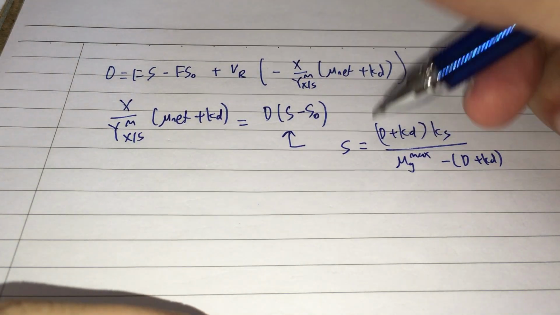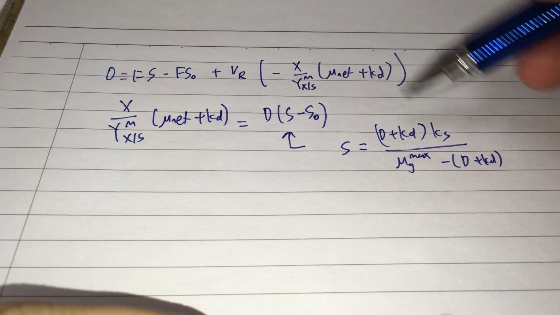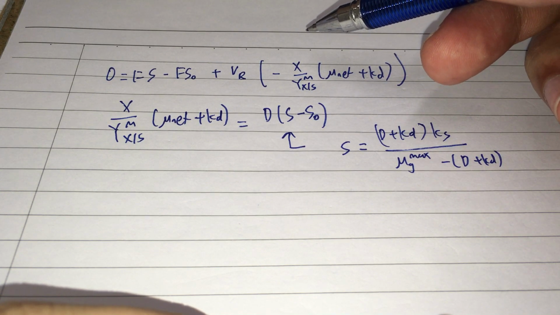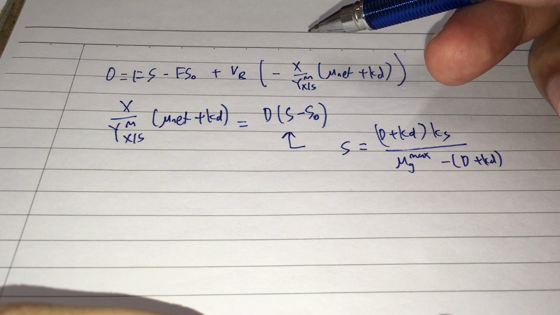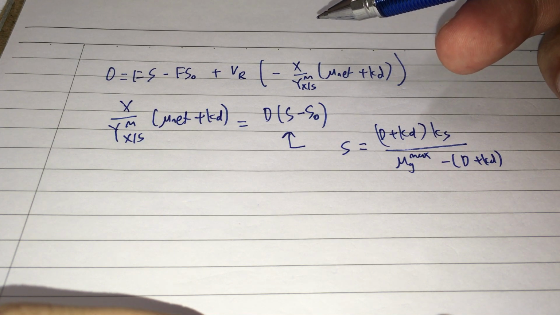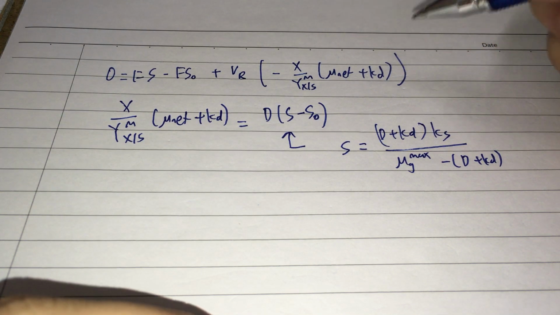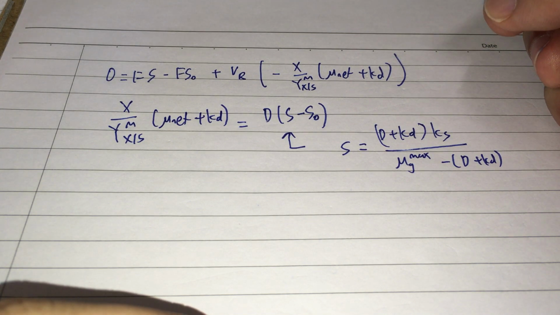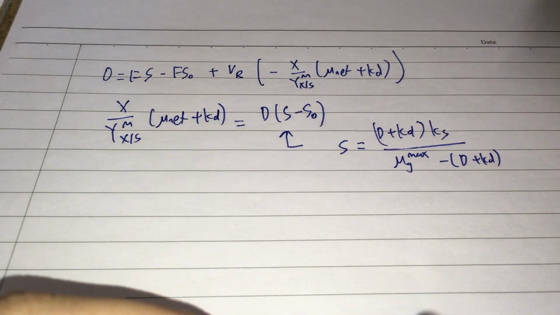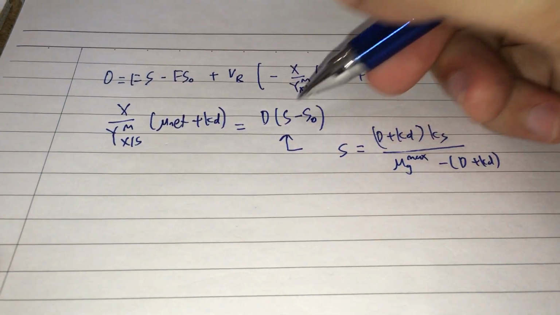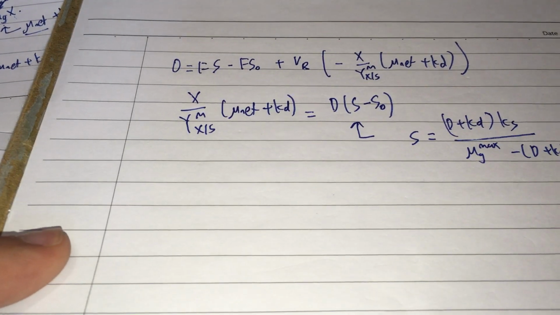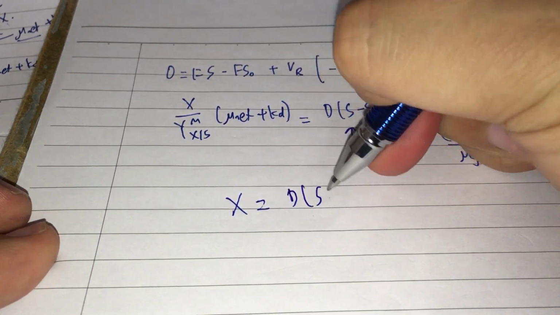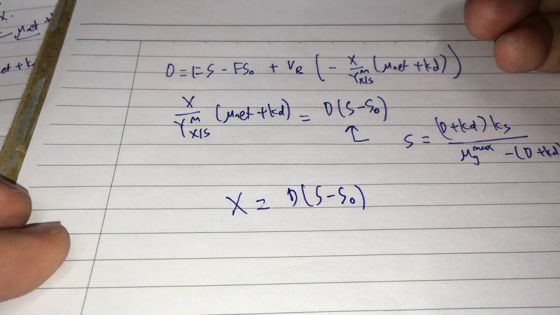Well, we just substitute that back in here, and then we can find this s, and we can make x the subject again, and let's see what we end up with.